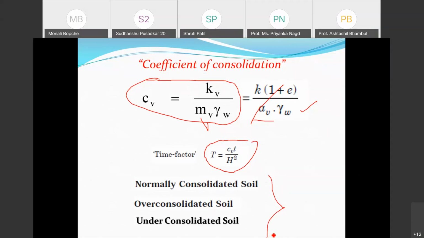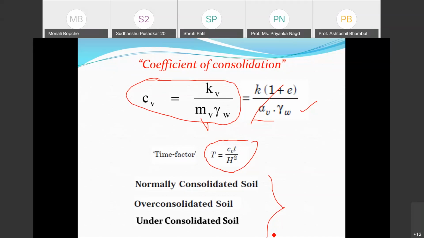Maybe unknown forces, today we don't know, because this earth has been in existence for more than 2 crore years. So we don't know what was there at this place. Definitely this soil has got consolidated under certain pressure. If I am able to find out the pressure to which this soil was consolidated before I start my construction, that we call the pre-consolidation pressure.